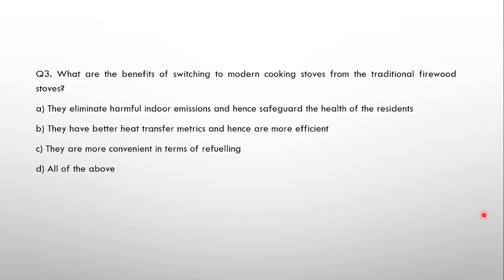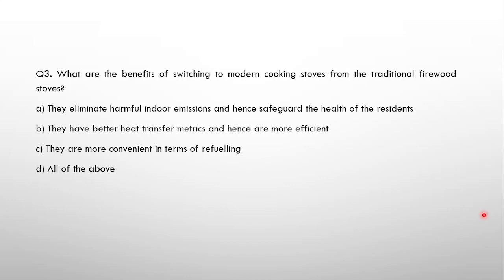So I'll read the question once again. So you're switching from traditional firewood stoves to modern cooking stoves like LPG. Okay, so what are the advantages? A is they eliminate harmful indoor emissions, and so the health of the residents is now better.